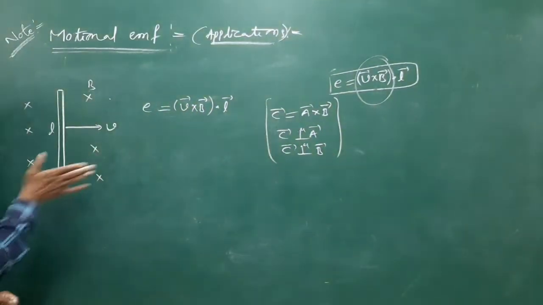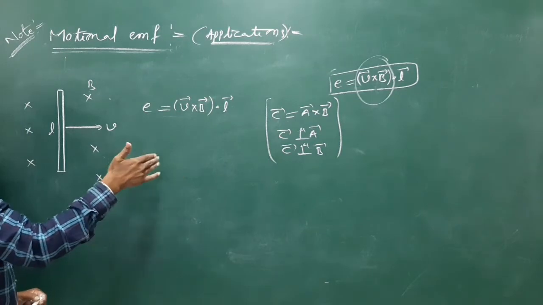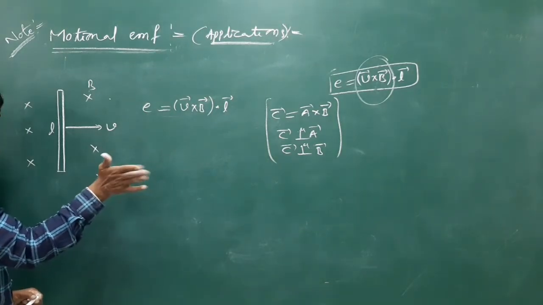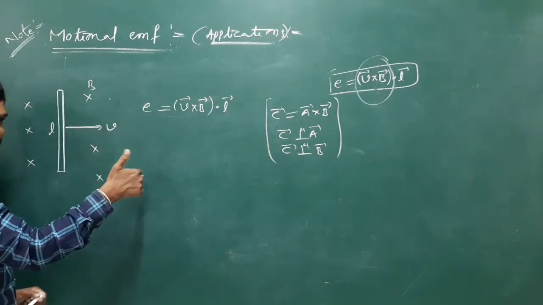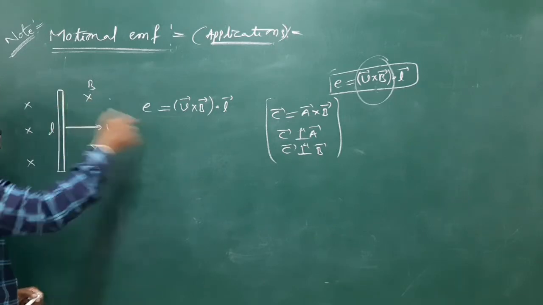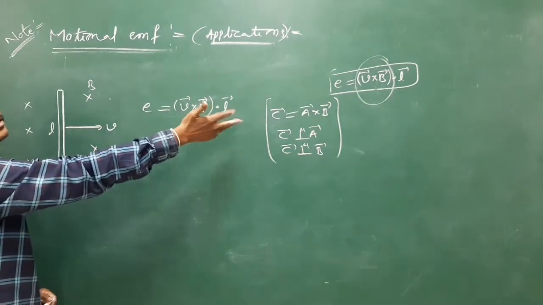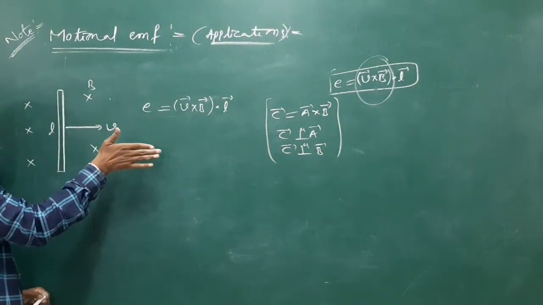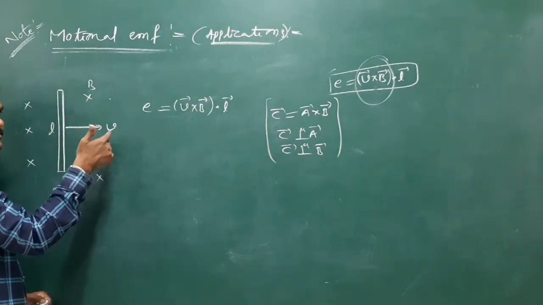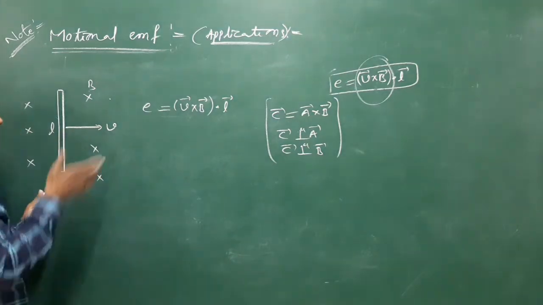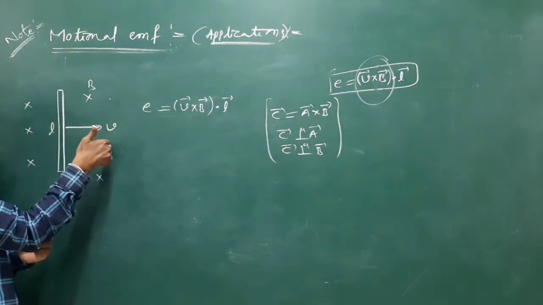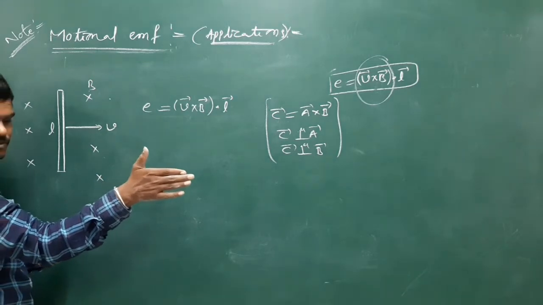Here V, inside is B. V cross B. See V, this is B, and this shows the direction of V cross B. I am just using the vector cross product rule. Fold the fingers like this.